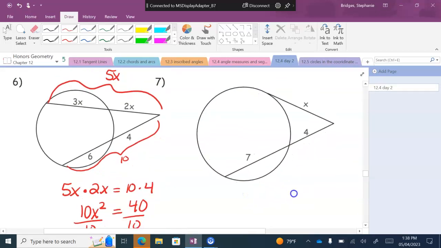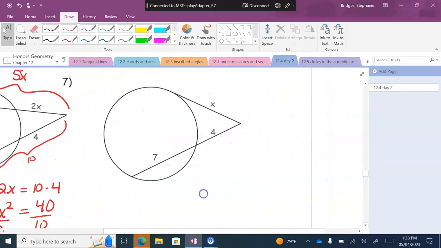All right, let's look at 7. What do I have? A tangent and a secant. So when we set this one up, I need my tangent squared. What is my tangent labeled in my picture? Okay, so we're going to go x squared equals, what is the whole secant down here? Times, what is the outside piece?